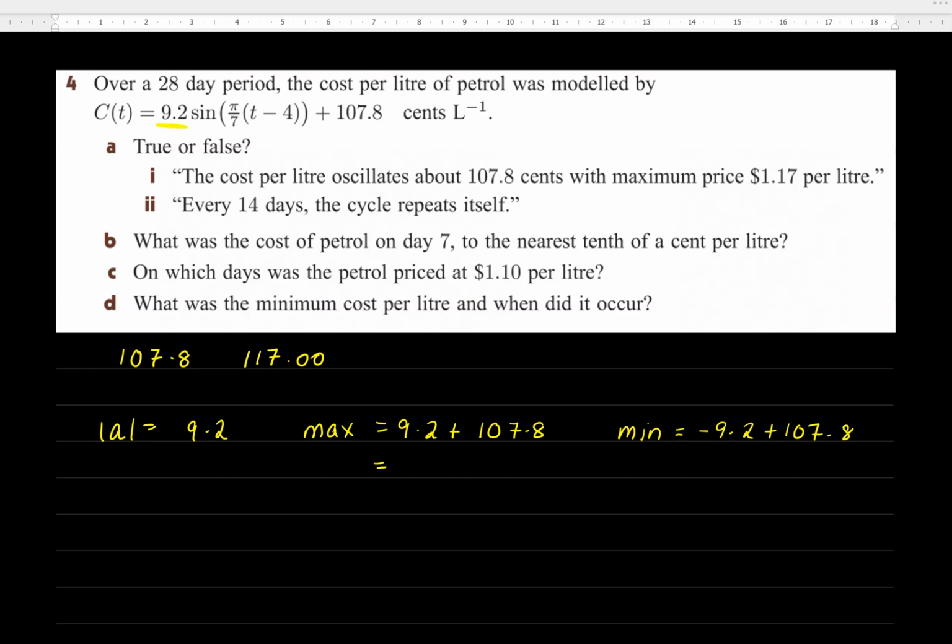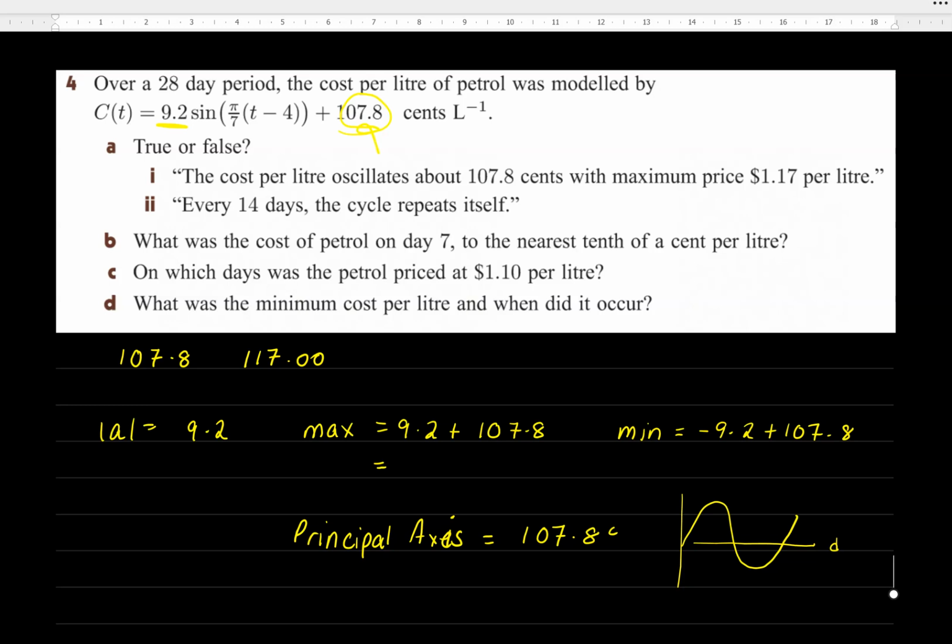And of course, your principal axis, that is 107.8 cents, the D value. Your principal axis. That's what it is there.